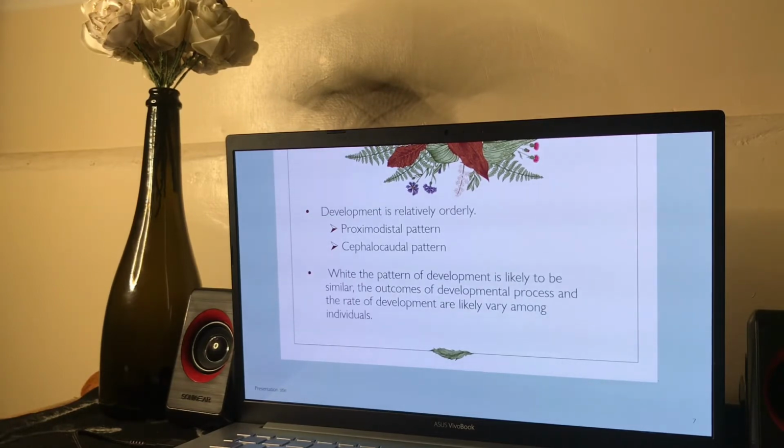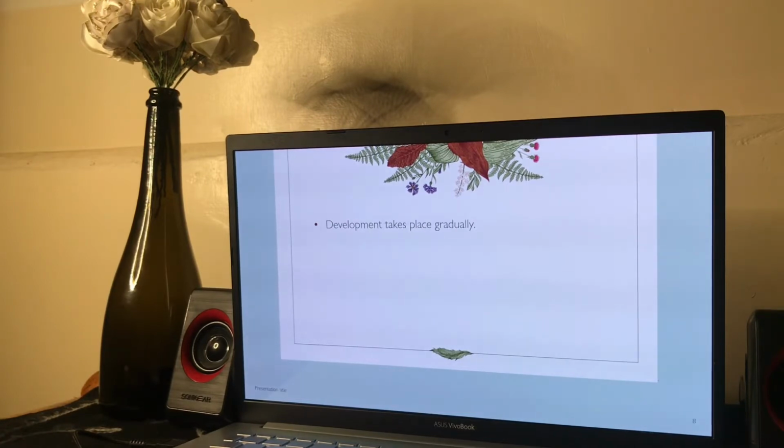Second principle is that the pattern of development is likely to be similar. The outcome of developmental process and the rate of development are likely to vary among individuals. Next is development takes place gradually. This is where a person undergoes changes and results in the display of developmental characteristics.